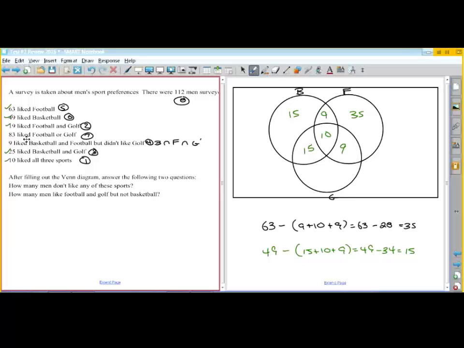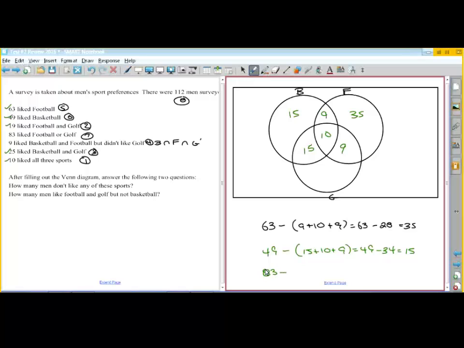So that was number 6. Liked football or golf. Well, here's football. Here's golf. The only part that I don't have a number in is right here. So I take the 83 that like football or golf, and I subtract the sum of all these 5 things that are either in F or G. So let's start out here, we have 35. Let's just do F first. 35 plus 9 plus 10 plus 9.